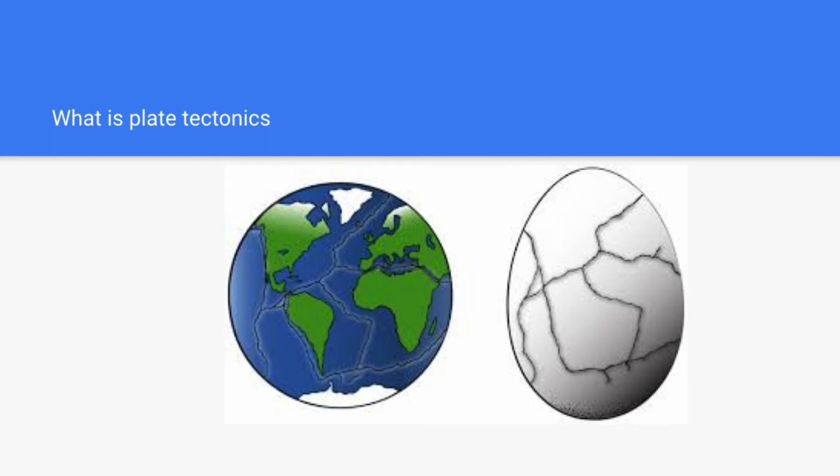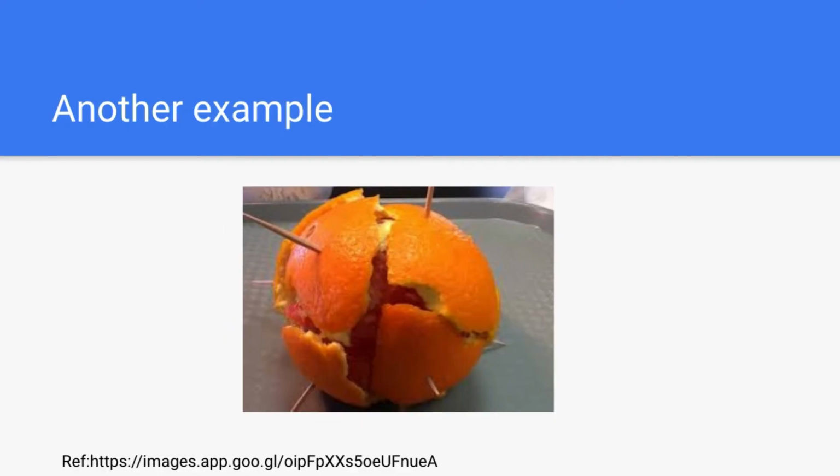When you crack an egg, there is a fault line, and inside the egg is the yolk, which is the hot lava. What's this other example that you have here?